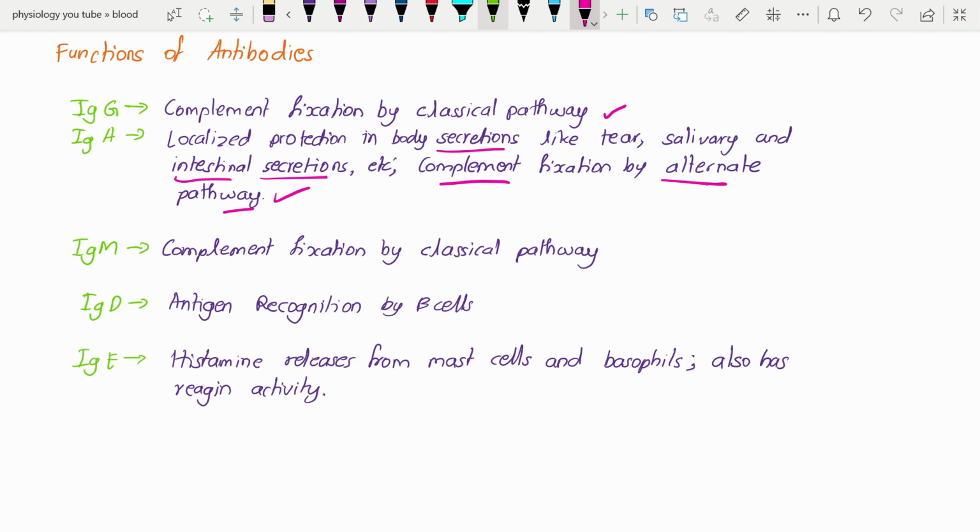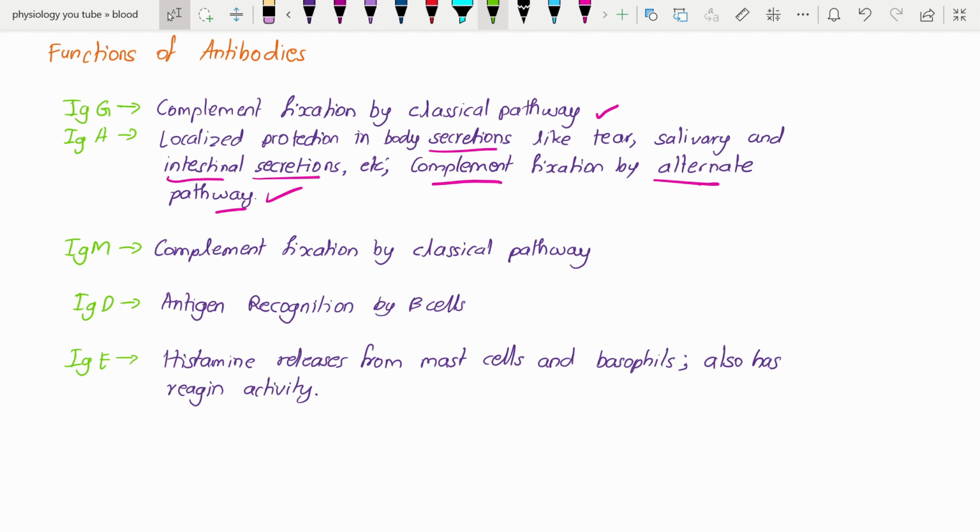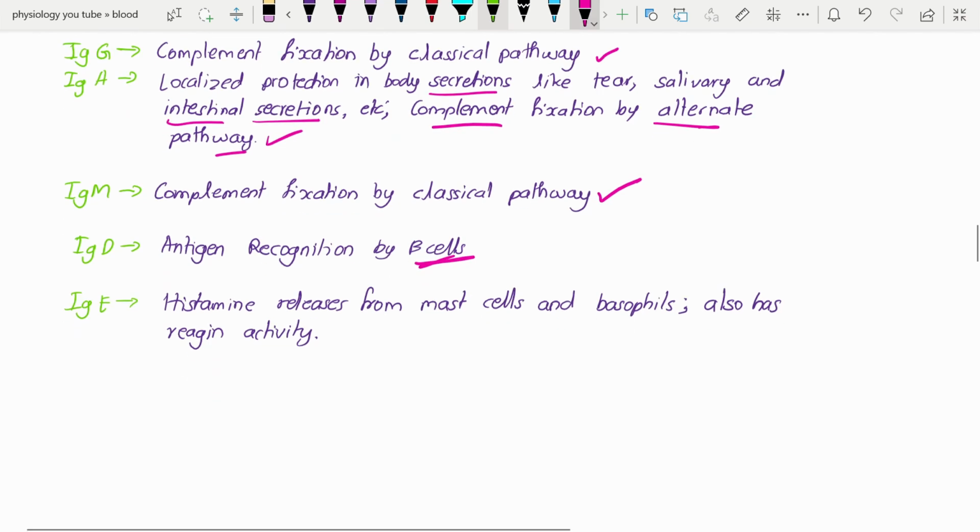IgM works by complement fixation by the classical pathway, and IgD is present on the B cells, so it helps in antigen recognition. And IgE releases histamine from mast cells and basophils. It also has reagin activity, the substance involved in allergic reactions.